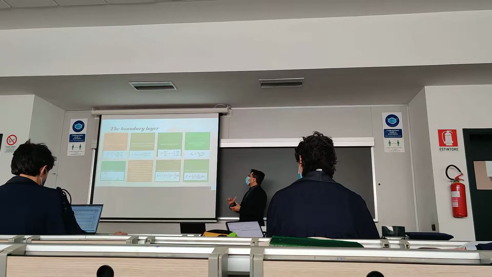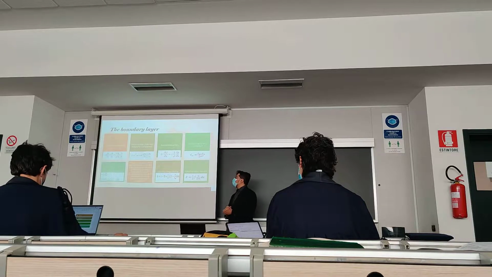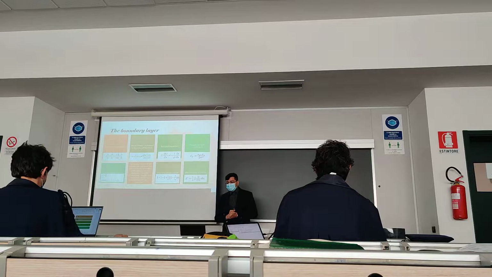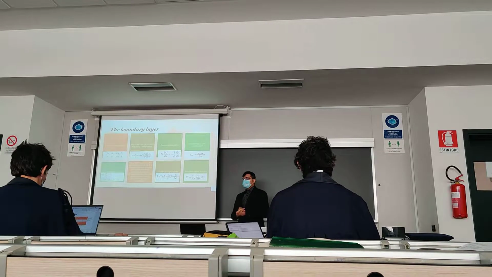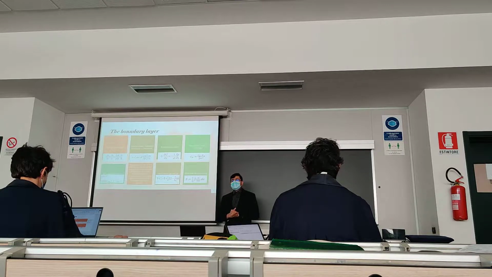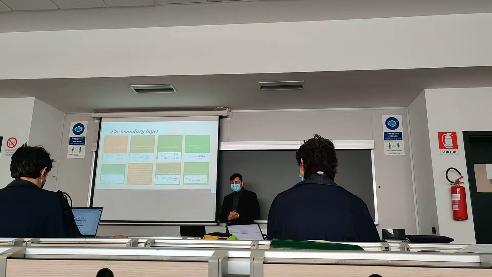Then comes the most important parameters with which we have to assess the diffuser. That is the pressure recovery coefficient and the diffuser effectiveness. The pressure recovery coefficient is a ratio of the pressure difference at the outlet and the inlet to the kinetic energy of the fluid, which is half rho u square. And then comes the diffuser effectiveness.